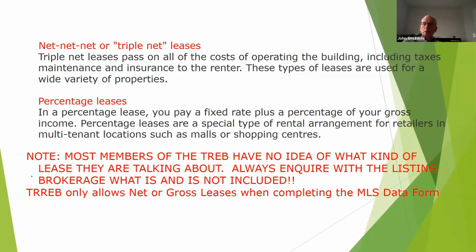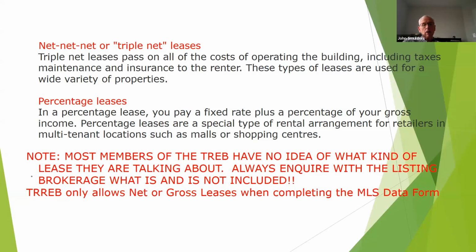So this is so important. Most members of TREB have no idea what kind of lease they are talking about. Now, MLS listings, you do get the CBREs, you do get the Avison Youngs, that kind of thing. Cushman and Wakefield, you do get those agents that are listing properties. And what they have, either gross or net, is probably correct.